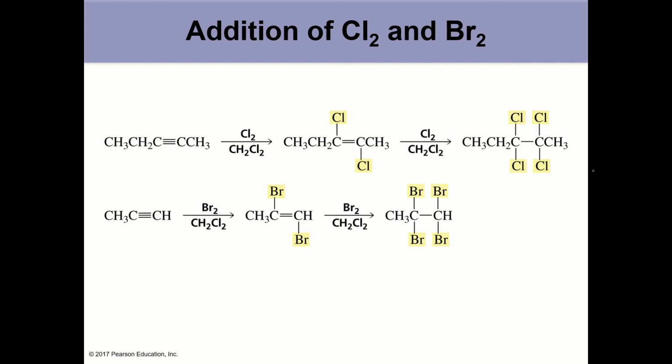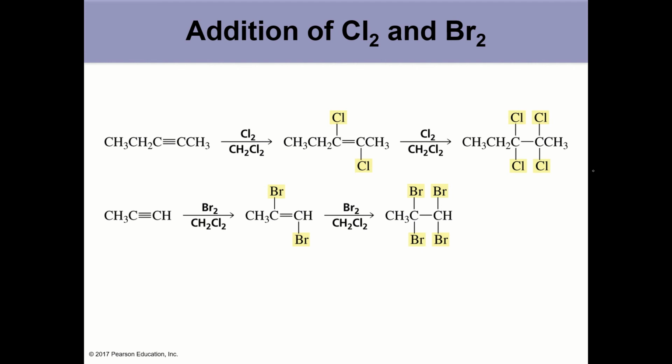Okay, now guess what? Cl₂ and Br₂, when we have only one equivalent, react with the pi bond in the same way that they reacted for the alkene. We form a halonium ion intermediate, and each of the pi carbons receives one halogen atom, so that we have a vicinal dihalide.